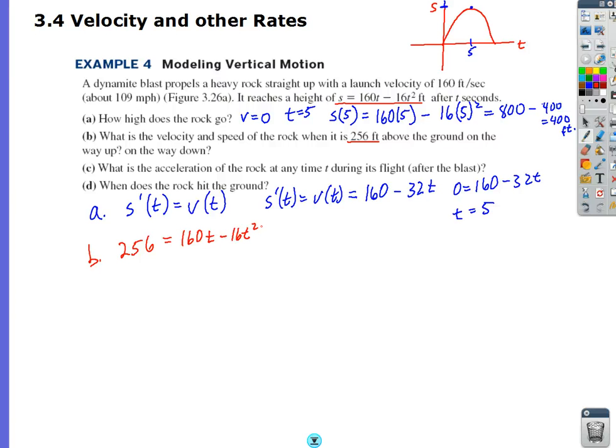I'm going to divide everything by 16. This is 16 is equal to 10t minus t squared. Then I'm going to do some rearranging and set it equal to 0. 0 is equal to negative t squared plus 10t minus 16.